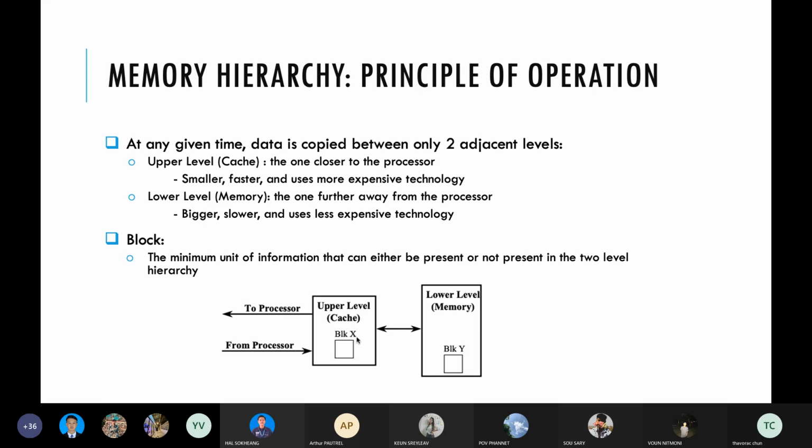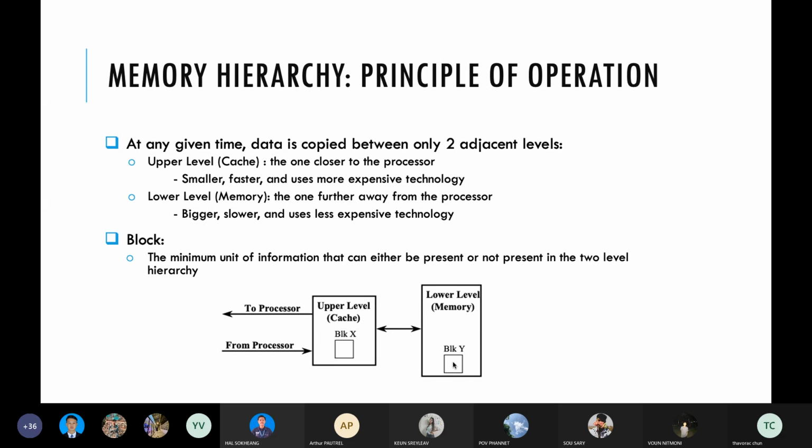Another thing is that when we copy the data from memory to cache, we don't just copy that small section of data, but we copy the whole block that the data the CPU requested is located inside.